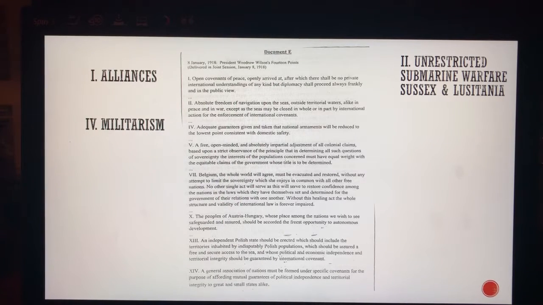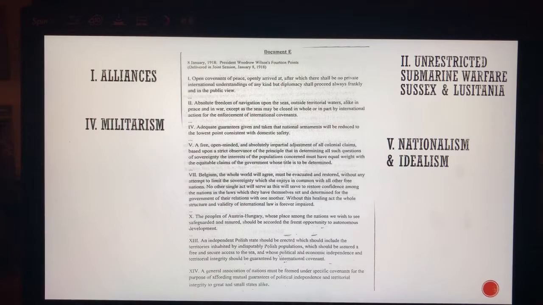Number 5, a free, open-minded, and absolutely impartial adjustment of all colonial claims based on the strict observance of the principle that in determining all such questions of sovereignty, the interests of the populations concerned must have equal weight with the equitable claims of the government whose title is to be determined. So he's looking at all these colonial claims, right? And he's saying, whoa, these people should have equitable claims. They should have government. So he's looking at nationalism and idealism.